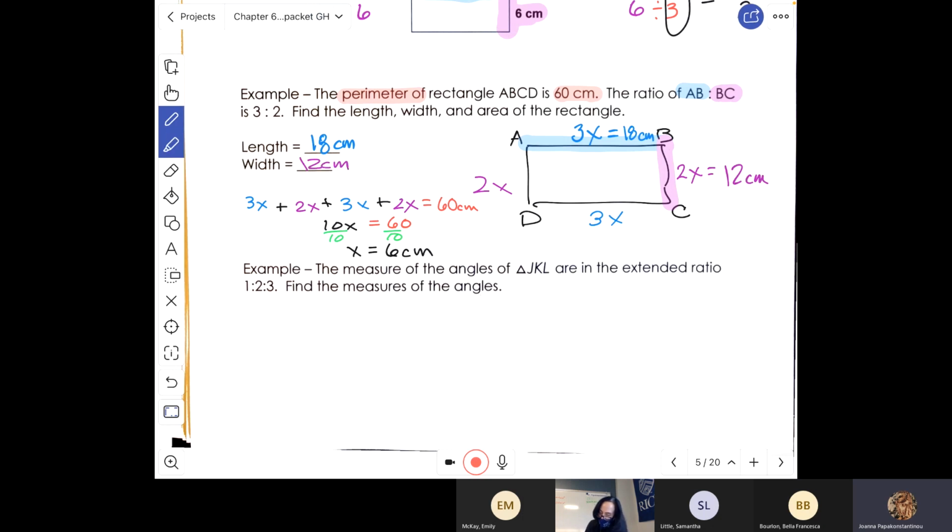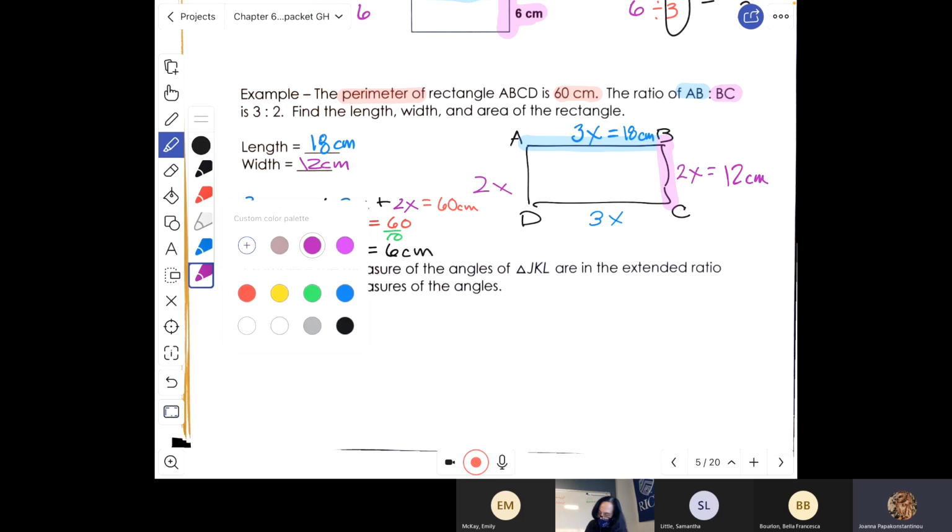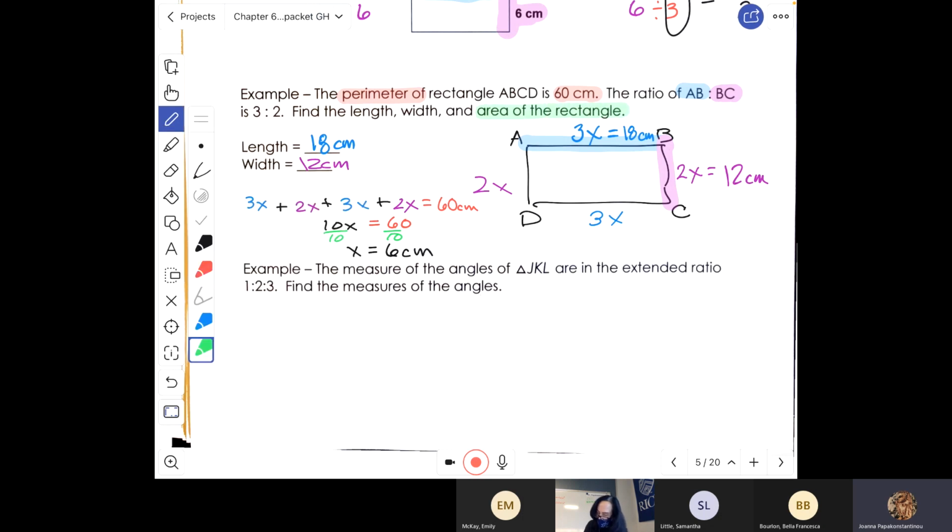But then I'm also being asked to find the area. Remind me how I find the area of a rectangle. It's length times width. So that means I have 18 times 12, which is what?